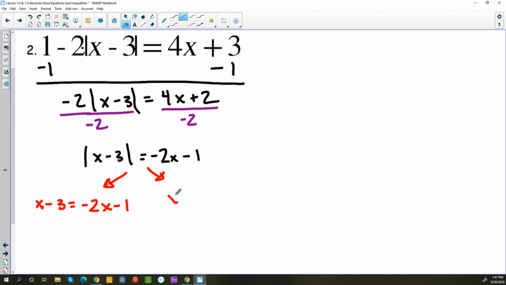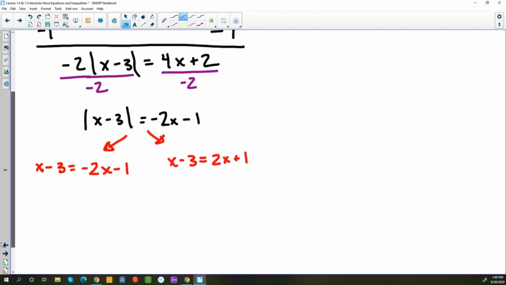And then the other one is x minus 3 equals the opposite of what we have over here. Just like we did the opposite number in the last one, we're going to do the opposite of the other side. So in this case, we would have a positive 2x and a positive 1.